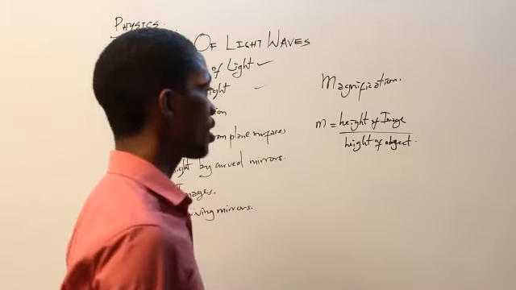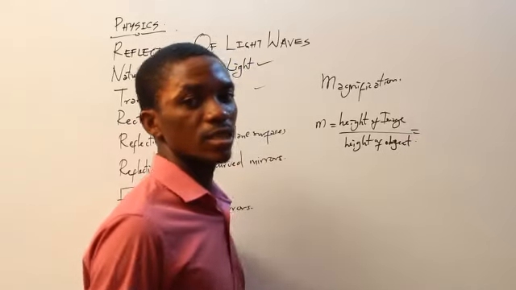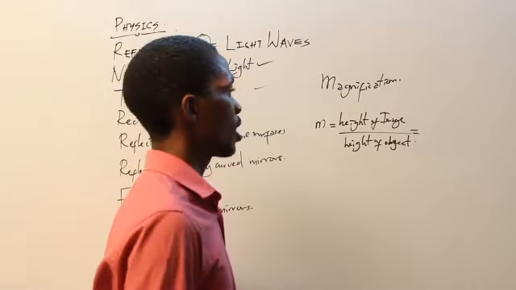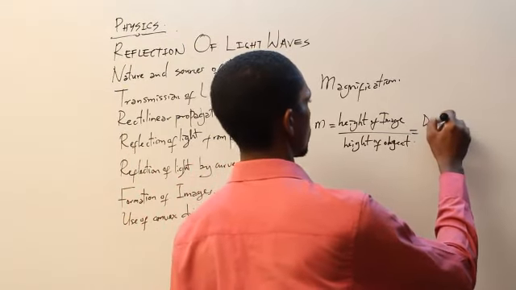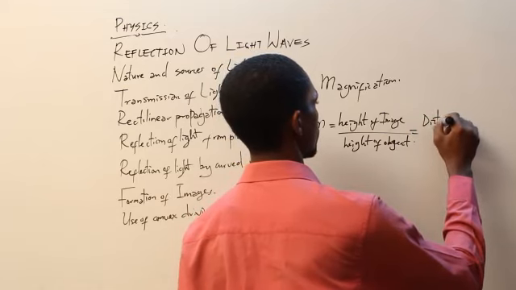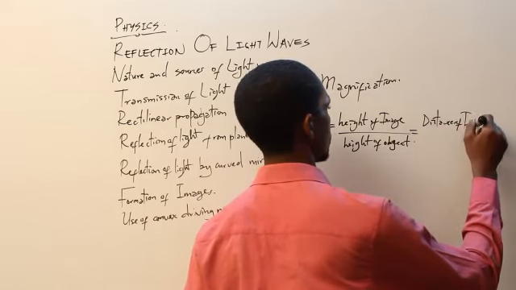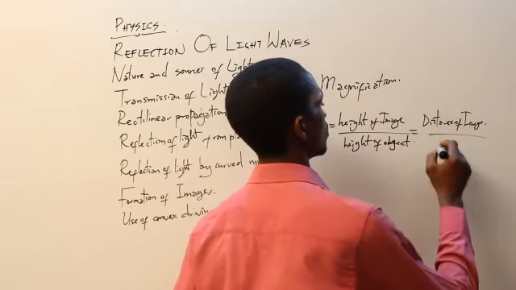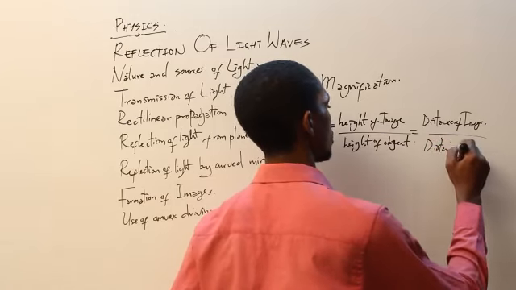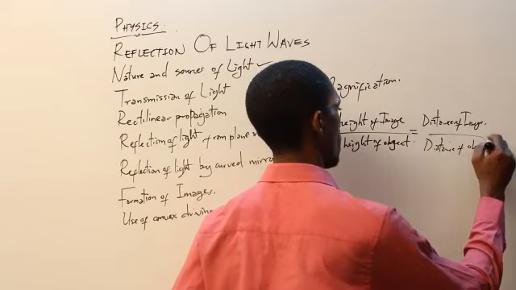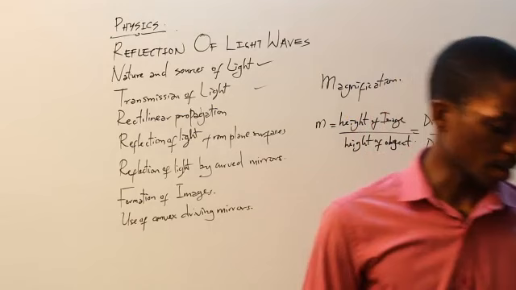It can also be calculated by the distance between the image and the lens, that is, the distance of the image, divided by the distance of the object. So that's how we calculate magnification.